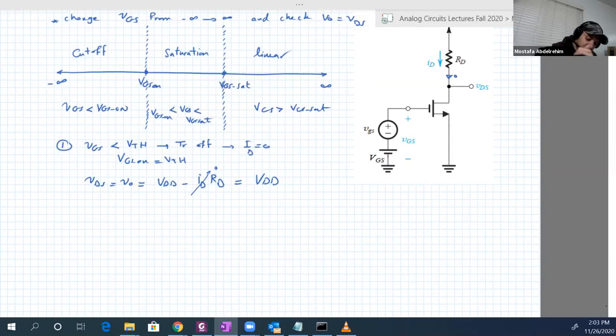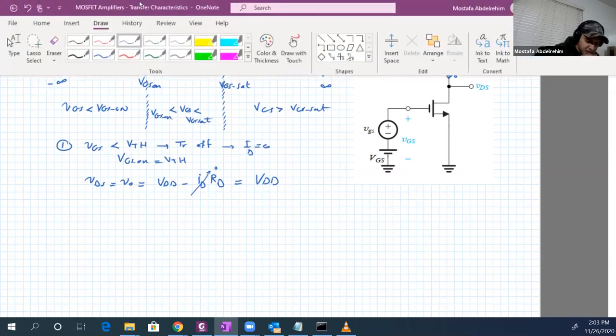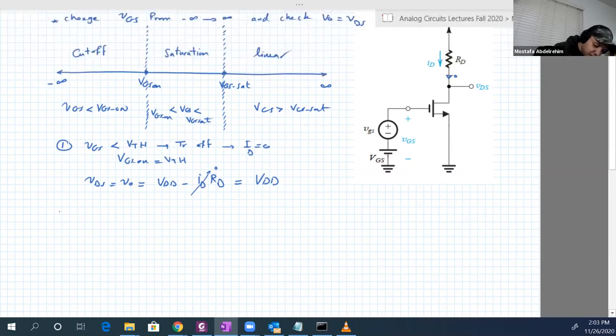So the first point, that's fine. So the second point now, VGS set. This is the point at which the transistor will go from saturation to linear if VGS is increasing, or if VGS is decreasing, it will transition from linear to saturation.